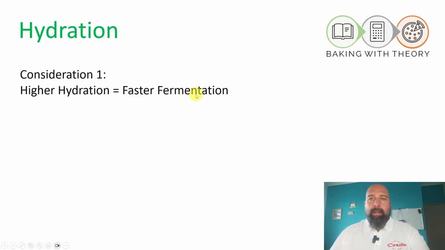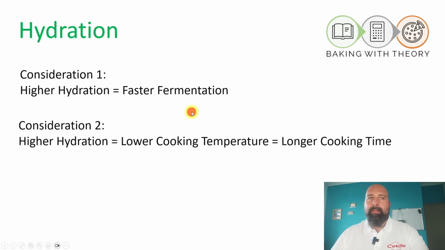This is well known because having more water, all the enzymes, proteins and whatever is in our dough will move freely and faster inside our dough. So the fermentation time will be reduced, will go faster.